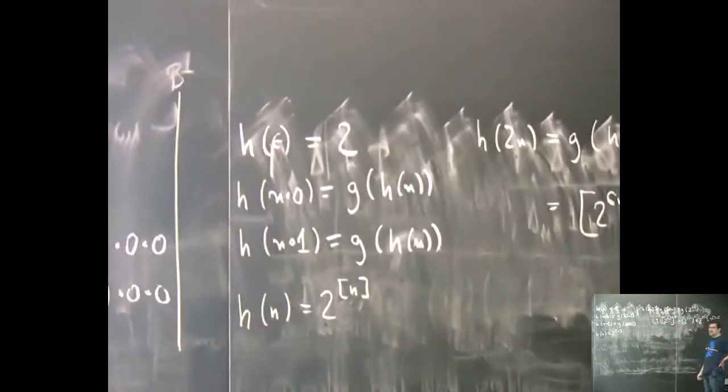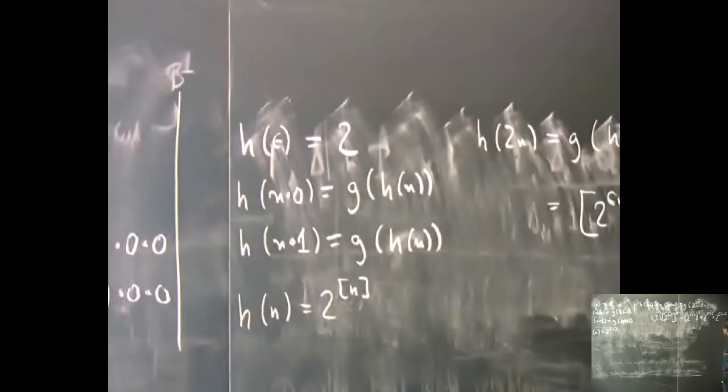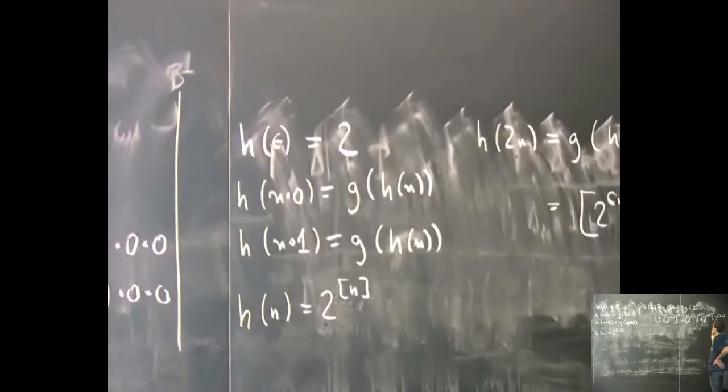I think it's not legal to get rid of the bracket in that step. It's like 2 to the brackets of n plus 1, right? Something like that. Where? So here? In that step, you get rid of the outer brackets.